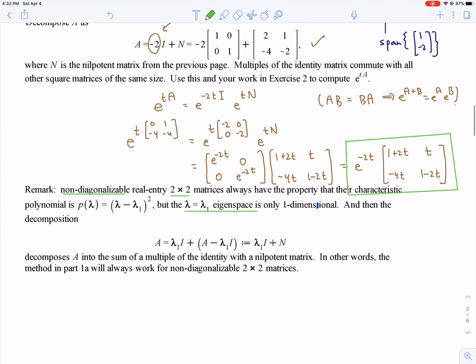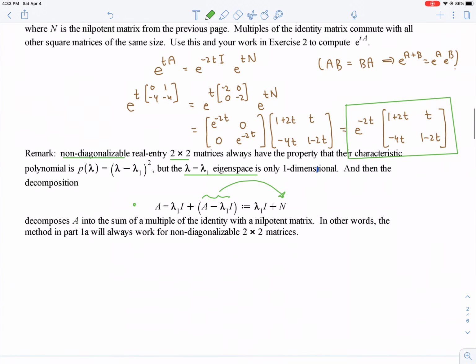And then it will always be true that if you rewrite A as the eigenvalue times the identity matrix plus A minus lambda 1 I, that second matrix will be nilpotent, and lambda 1 I commutes with every square matrix of the same size.